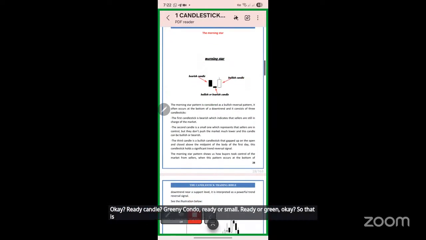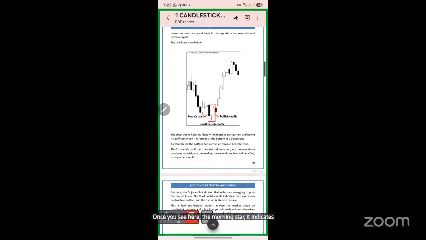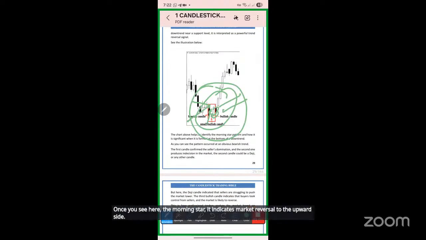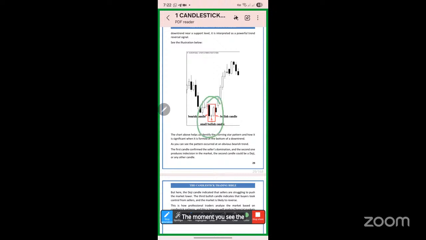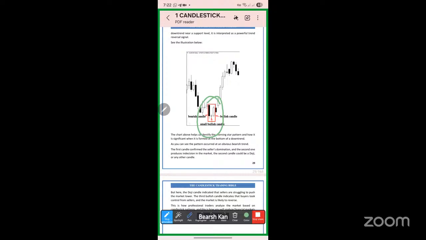So that is a morning star chart pattern. Once you see the morning star, it indicates market reversal to the upward side. The moment you see the morning star, just know that there is a market reversal to the upward side.